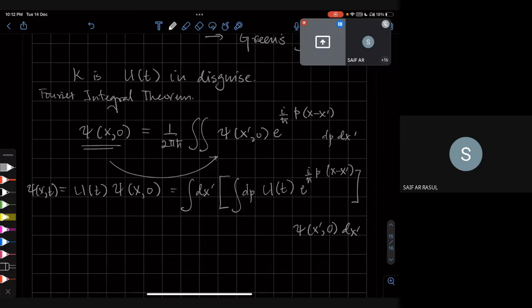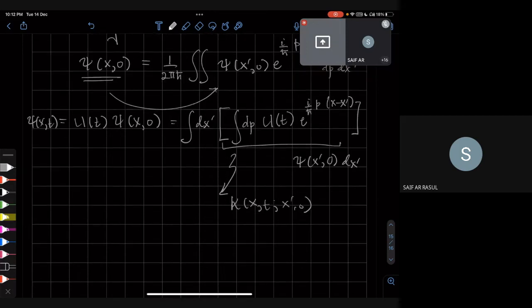So this shows that this is the formal expression for k of x, t, x prime, 0.